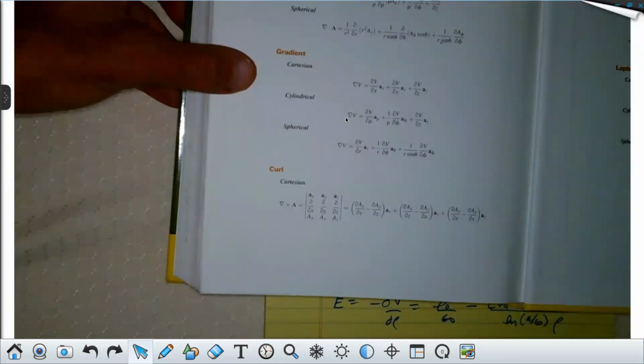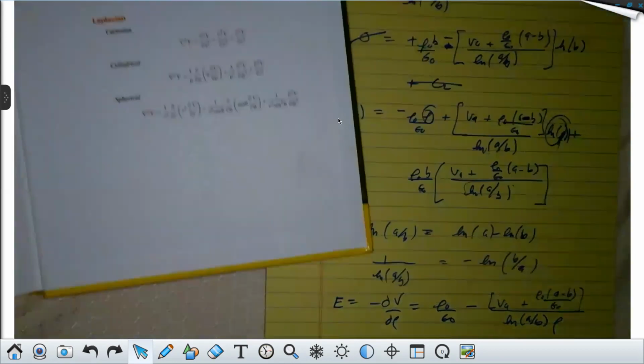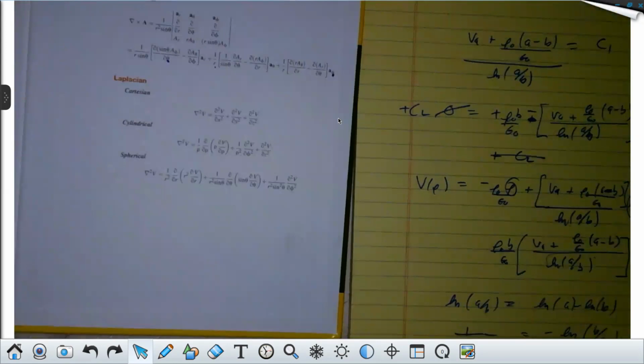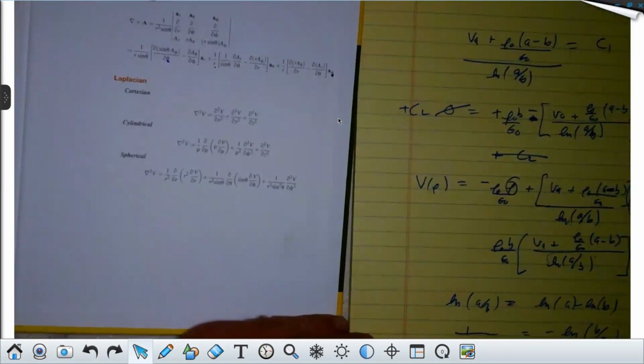But this one, you'd have to put a negative sign to get the E field. Do y'all follow me on this? Honestly, this is just a problem with a lot of constants that you have to organize and keep track of. It's not conceptually very hard. Y'all agree with that?